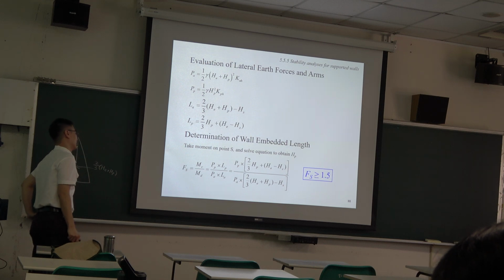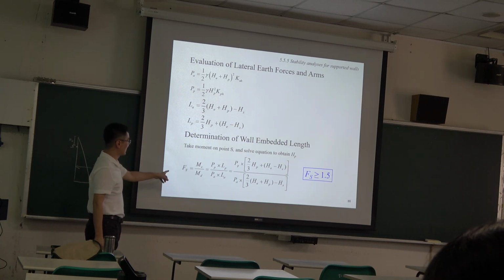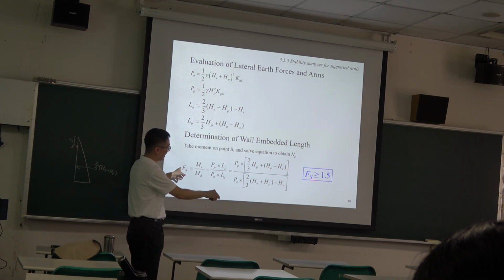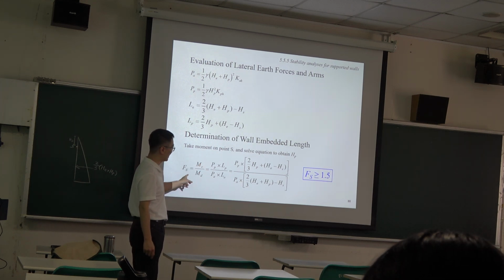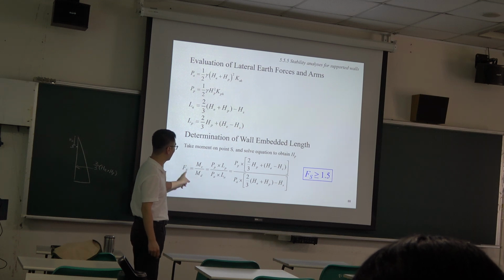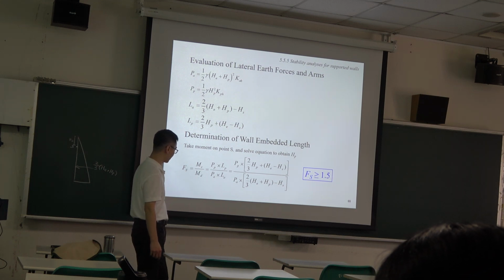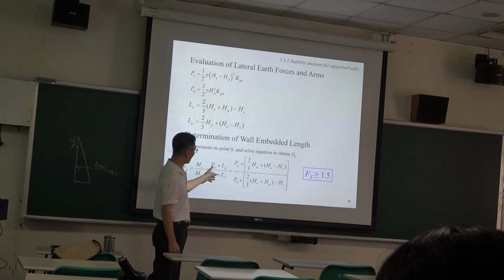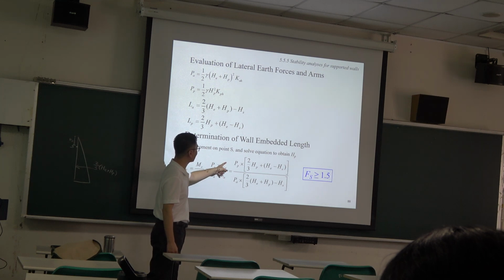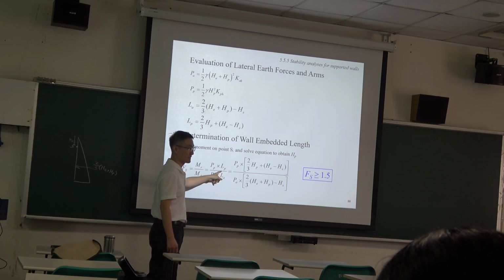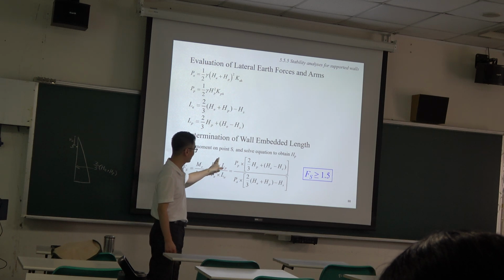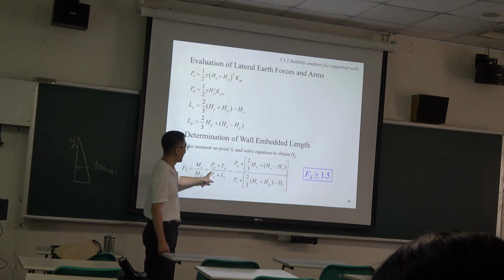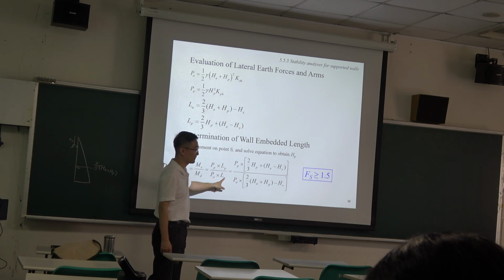Again, we use factor of safety 1.5 by considering moment equilibrium. Moment calculation for factor of safety. Passive side is resistant because it prevents rotation. Active side is driving.